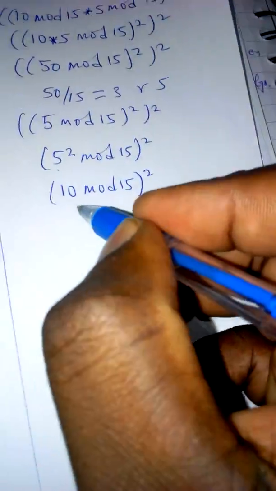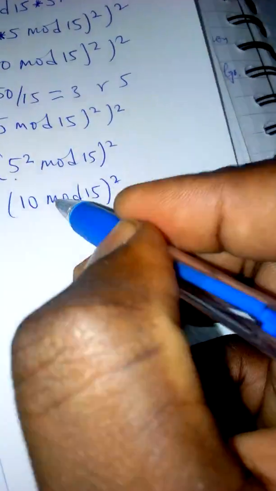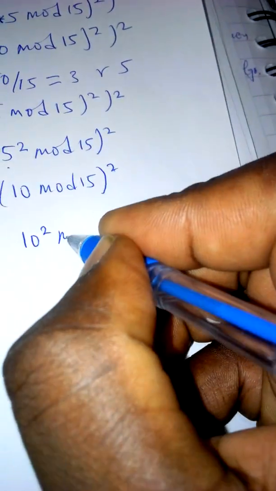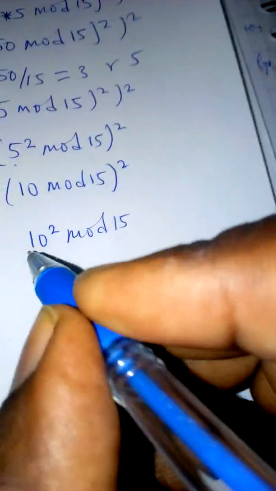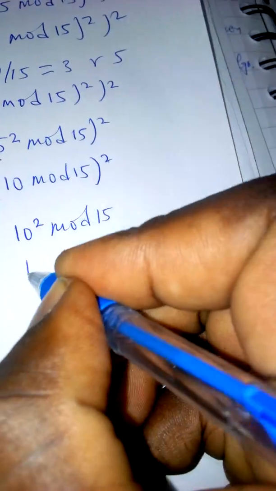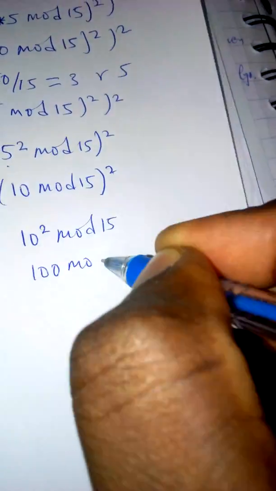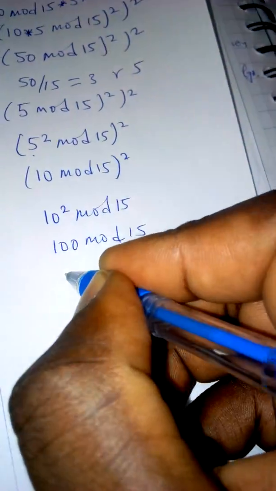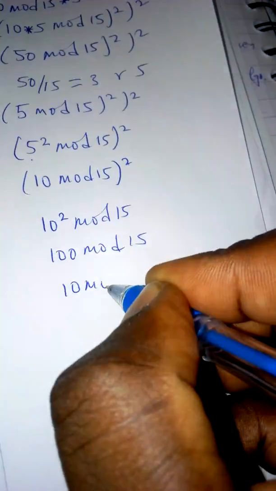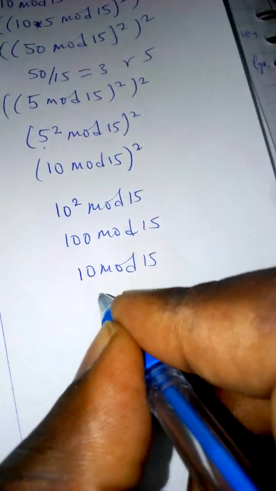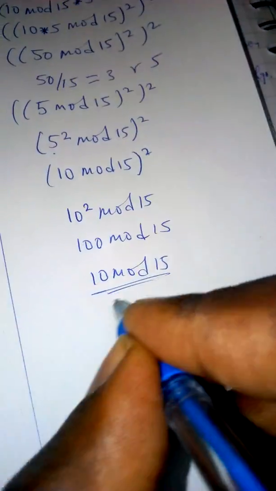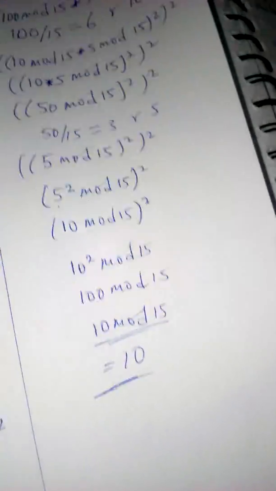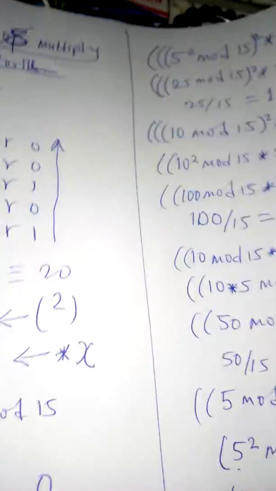We bring this inside, which gives us 10 squared mod 15. 10 squared is 100 mod 15, and we know 100 mod 15 is the same as 10 mod 15, and therefore the final answer is 10.